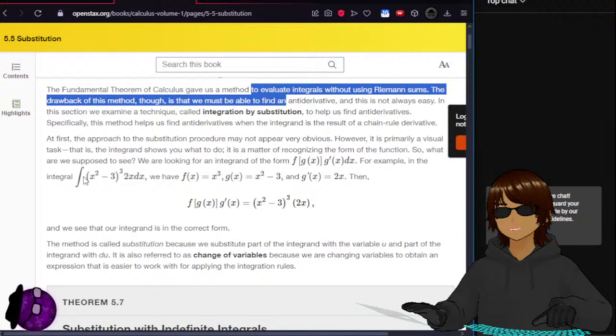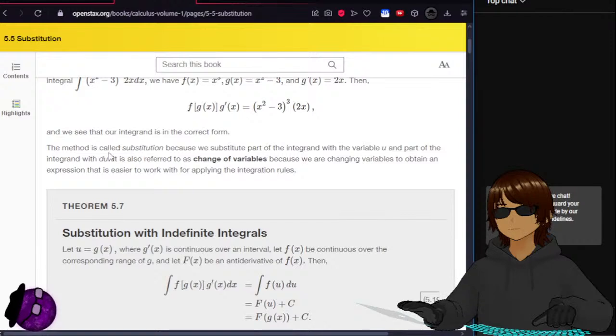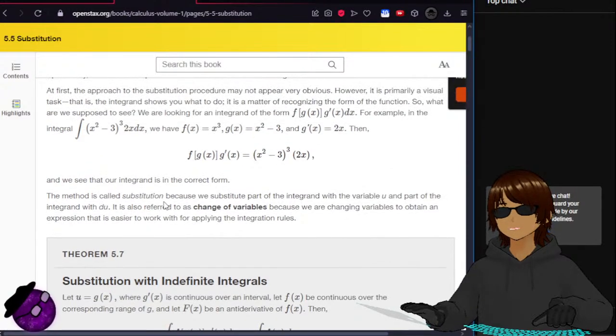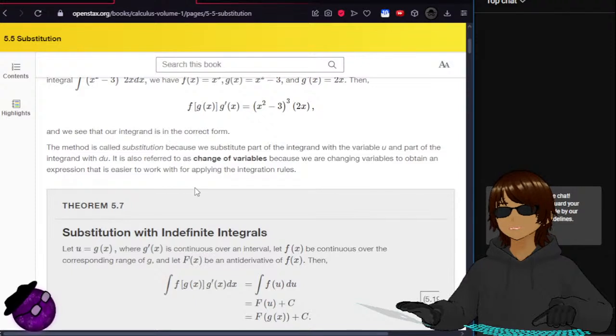For example, in the integral of (x squared minus 3) cubed dx, we have f of x is x cubed and g of x is x squared minus 3. The method is called substitution because we substitute a part of the integral with the variable u and part of the integrand with du. It is also referred to as change of variables because we are changing variables to obtain an expression that is easier to work with for applying the integration rules.